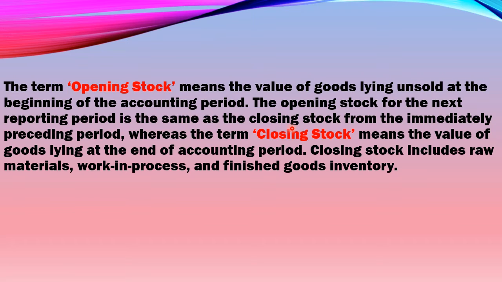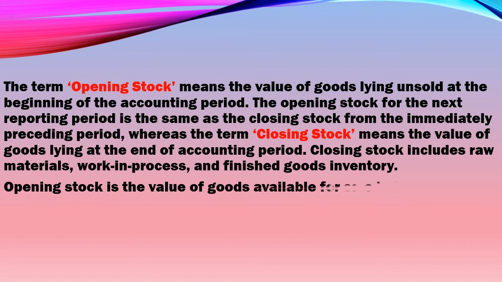So at the closing of 2020, the amount of stock that is lying will be exactly what will be your opening stock for 2021. The closing stock means the value of goods lying at the end of the accounting period. Closing stock includes raw material, work in progress and finished goods inventories.